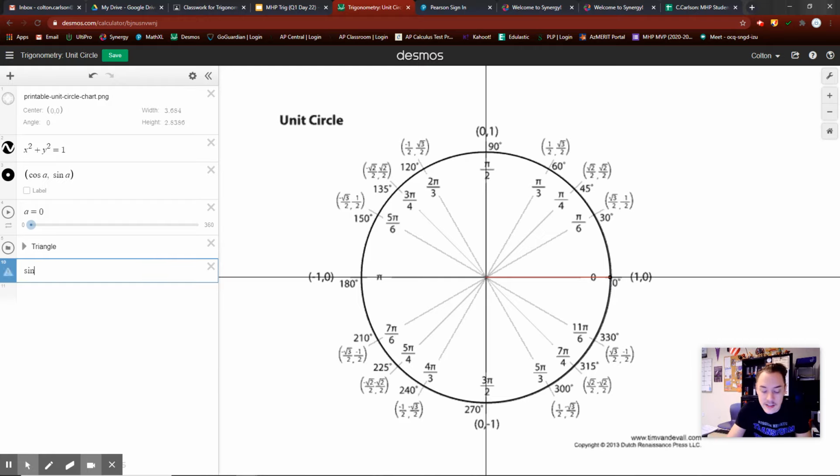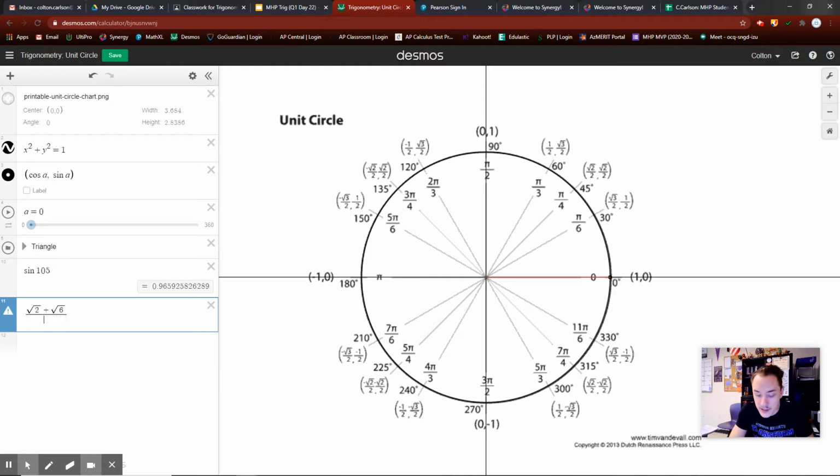But if I actually did sine of 105, obviously I get this. I'm in degrees, I think. Always double check. Okay, I am. Now, when I do fractions and then square root of 2, plus square root of 6, all over 4, I do get the exact same thing here.